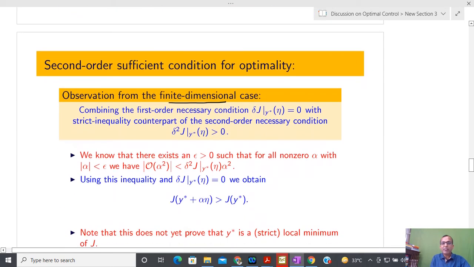So combining the first order necessary condition with the strict inequality counterpart of the second order necessary condition, I can show that this happens.